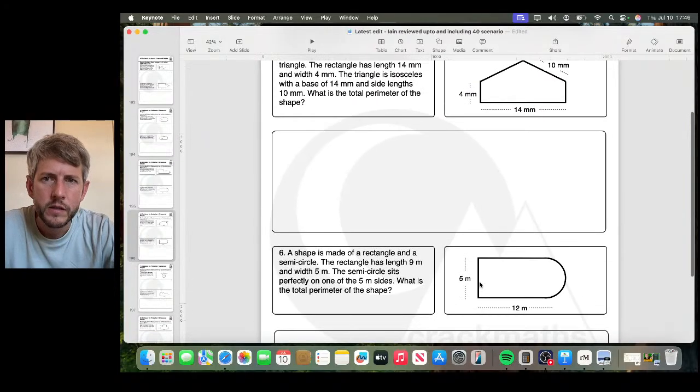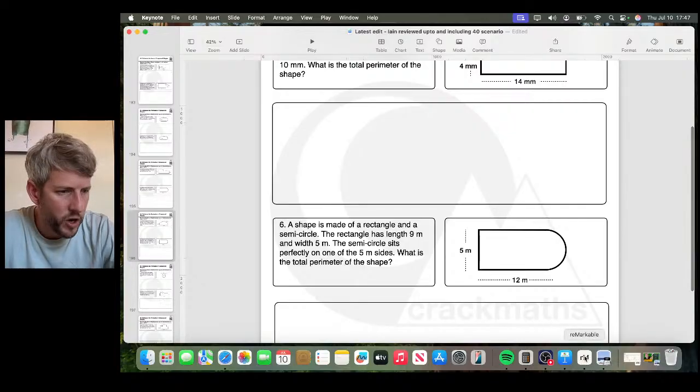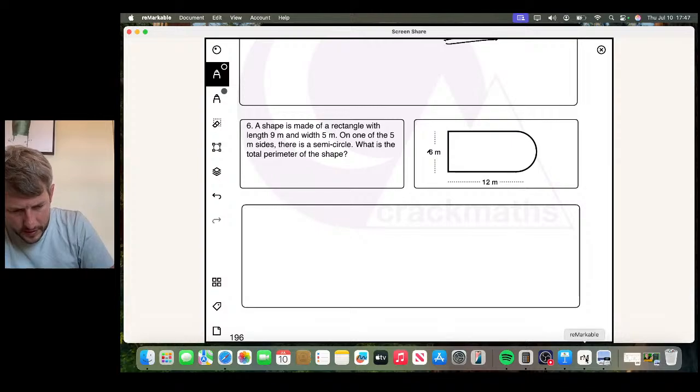Okay, so let's go back to the remarkable and get this answered. So here we go. That should have been 5. Right, so this would be 12. Remember the diameter of this is 5. We know that the circumference of a circle is pi times diameter, but this is a semicircle, so we'll have to divide that by 2.